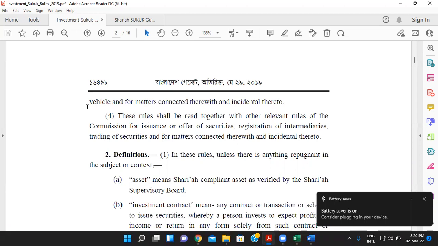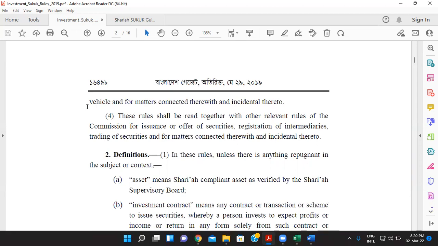So these rules are not independent rules. You have to read these rules in compliance with other applicable rules which have been issued by the Securities and Exchange Commission for offering securities, registration of intermediaries, trading of securities, and for matters connected therewith and incidental thereto. Let me give you one example. There is the Public Issue Rules 2006 issued by Bangladesh Securities and Exchange Commission, that says how you issue securities to the public.